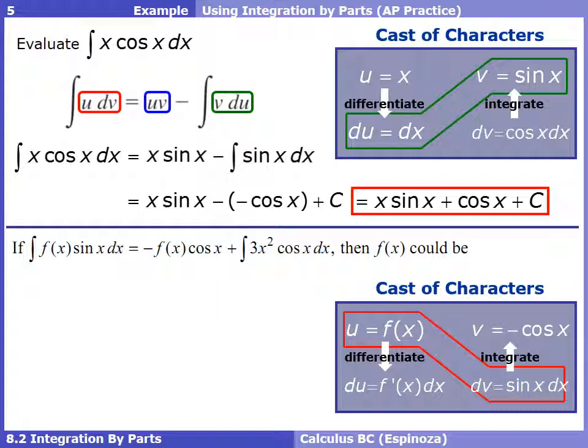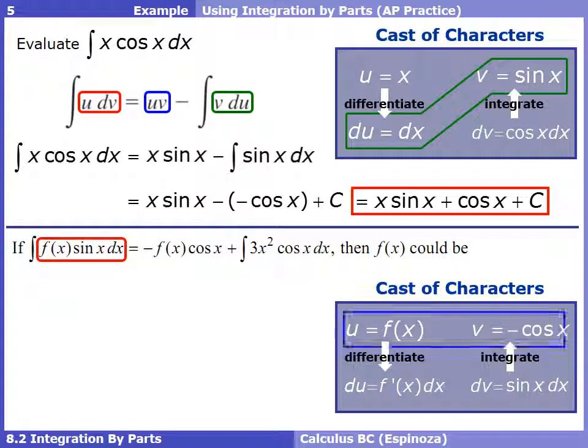Just realize that the left side of our integration by parts formula should give us the original problem, and it certainly does. u is f of x, dv is sine x dx, so it gives us this part that you see in red. That's just our original problem, so we're going to ignore that for a second.